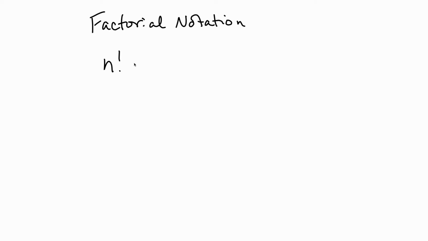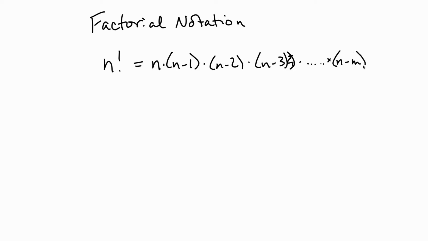Anyway, n factorial is defined to be n times n minus 1 times n minus 2 times n minus 3 times, all the way down, times 1.